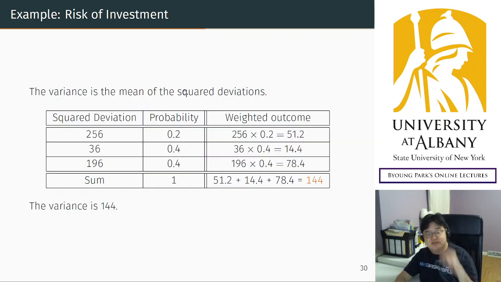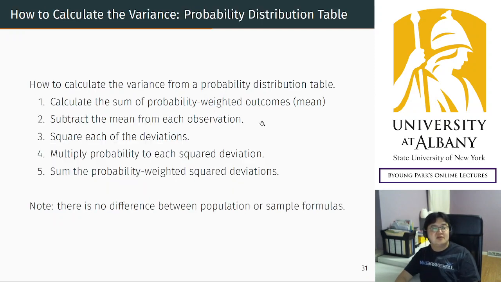That's the same steps as before, but you have to adjust the technique to use the probability weights, right? So here is a simple summary of the steps. Calculate the mean, subtract the mean from each observation, square the deviations, multiply by probability, and sum the probability weighted squared deviations, right?